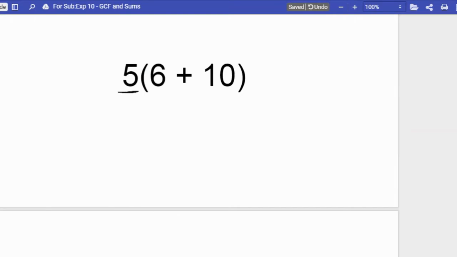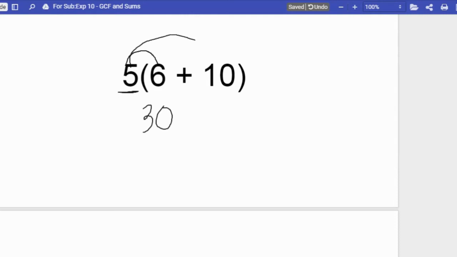So let's look at another one. Go ahead and write this down on your whiteboard. Okay, so I have my number out front, which is my 5, and I am distributing it. And again, I have to distribute it to everything in the parentheses.